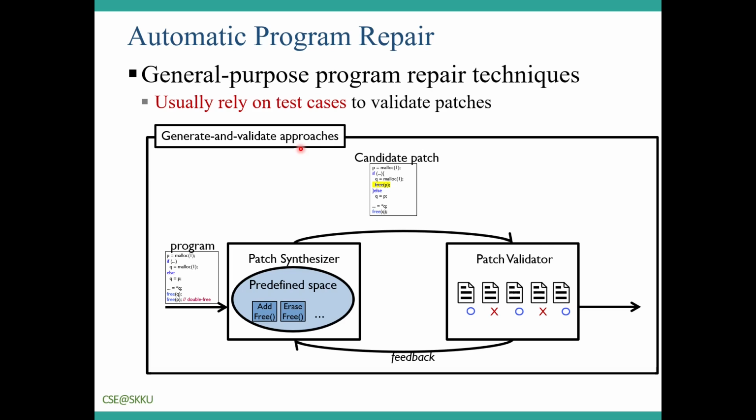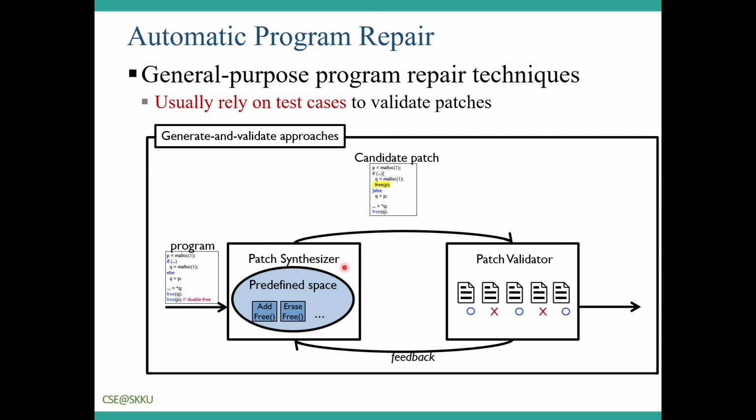It includes two main components, patch synthesizers and patch validators. The patch synthesizer takes a buggy program and produces candidate patches from a predefined patch space, like inserting or removing a free statement for fixing memory deallocation errors.